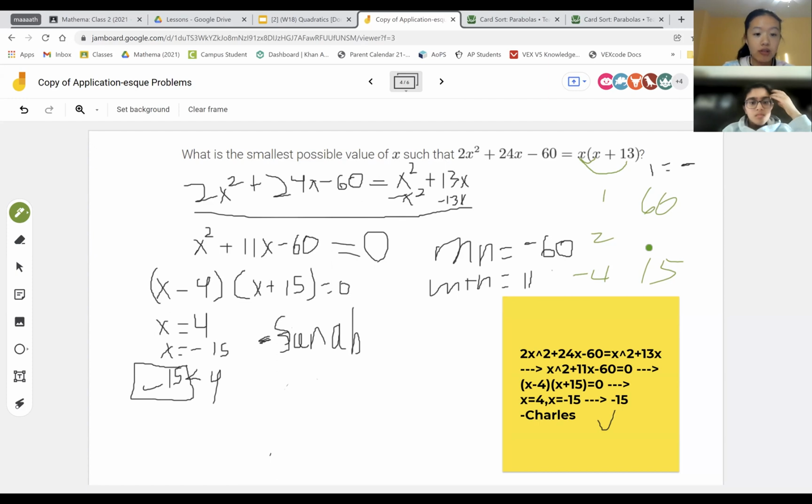So the factored form would be x minus 4 times x plus 15, which means that the roots are 4 and negative 15. So the smallest possible value would be x equals negative 15, which is correct. So yeah, good job.